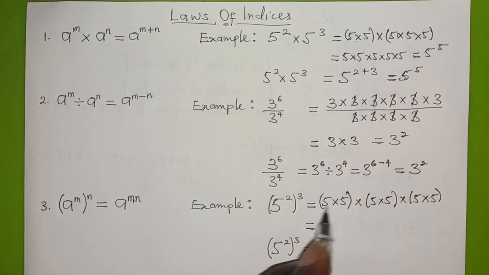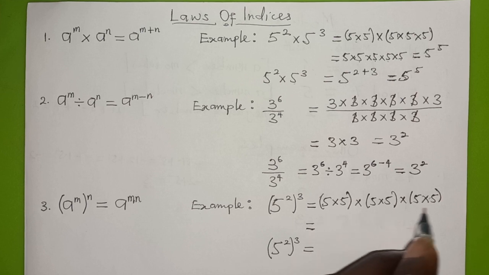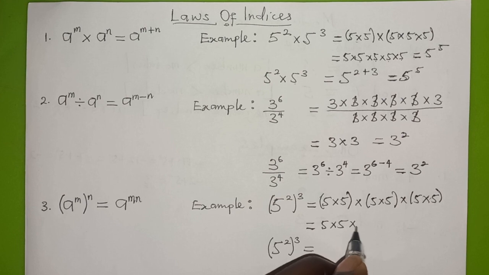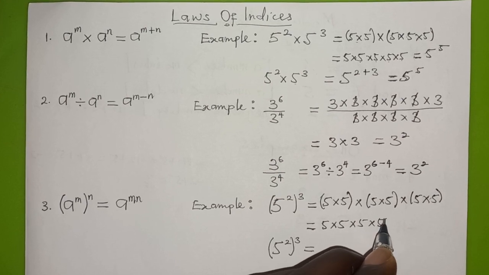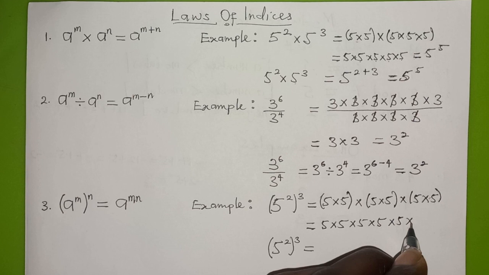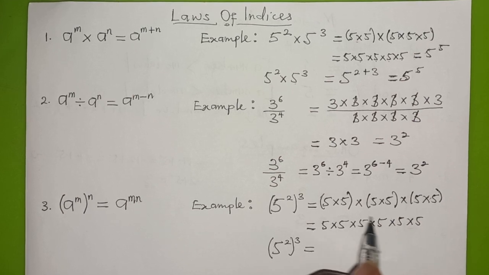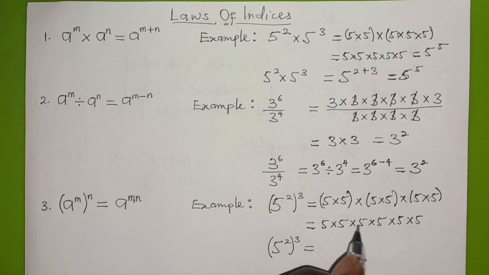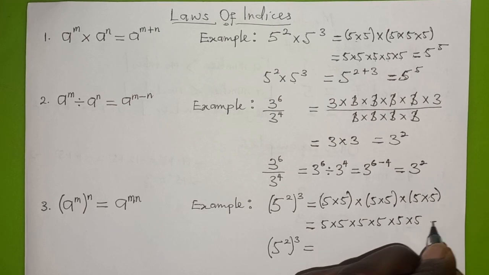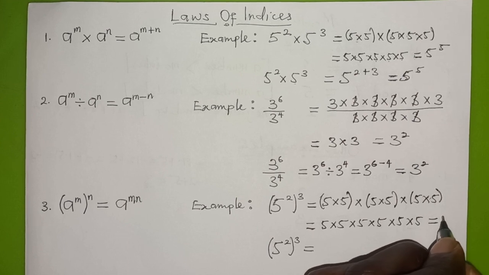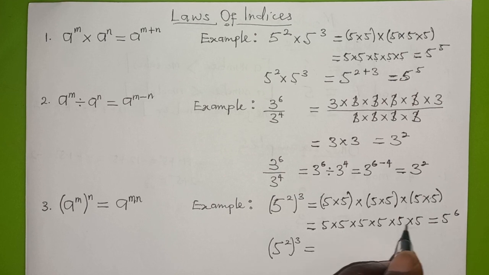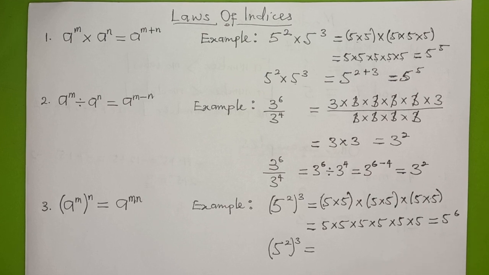So this can become 5 by 5 by 5 by 5 by 5 by 5. It means that all that we did is to remove the brackets. All right. So this finally is the same as 5 raised to the power 6 because we have 1, 2, 3, 4, 5, 6 of the 5. So it's the same as 5 raised to the power 6 in terms of indices.